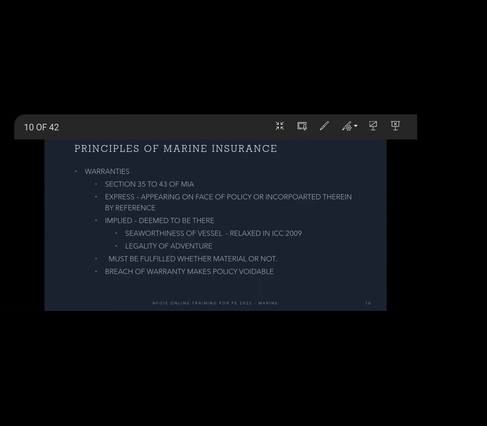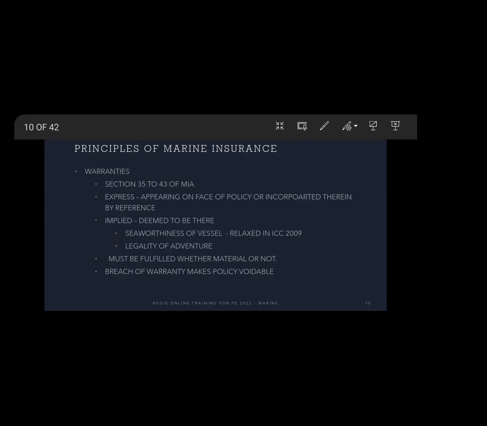Another type of warranty is an implied warranty. It is not there on the face of the policy. However, even if it is not there on the face of the policy, it is deemed to be there. There are two implied warranties in marine cargo insurance. One is seaworthiness of vessel, and the second one is legality of adventure.